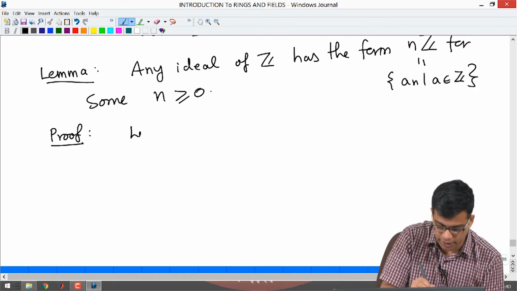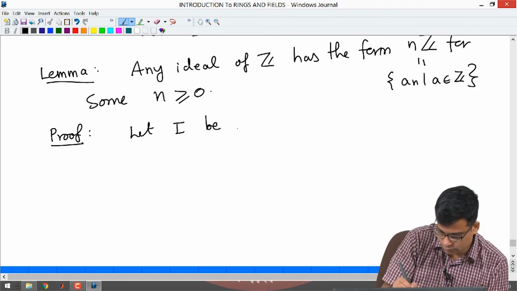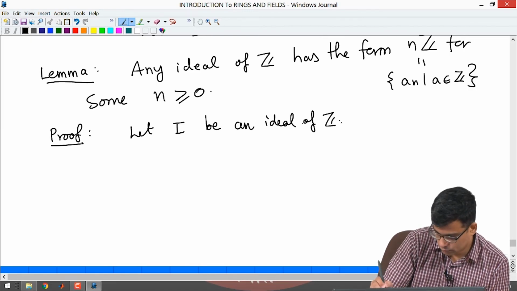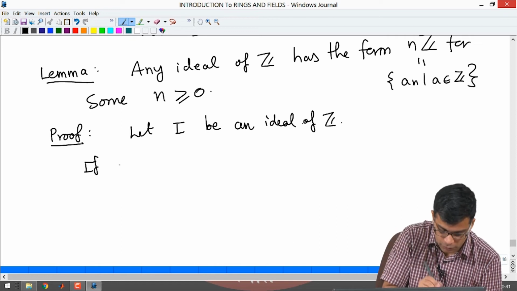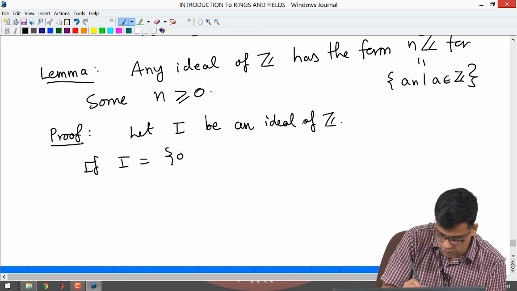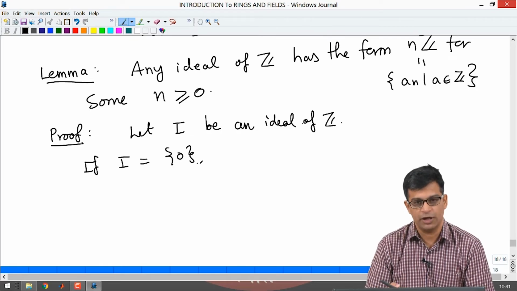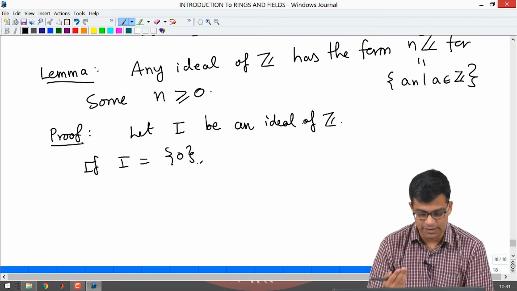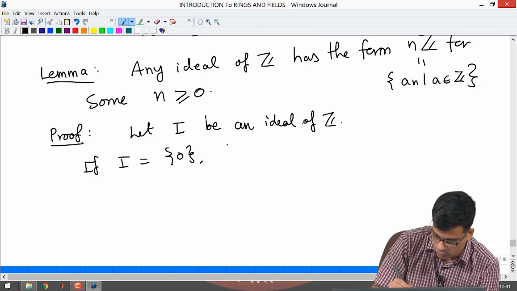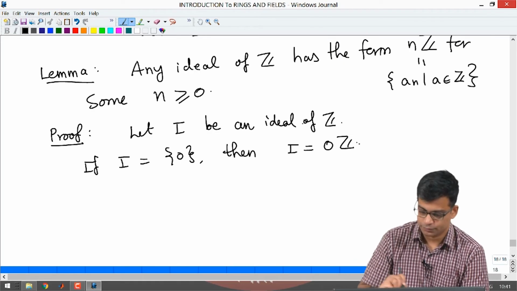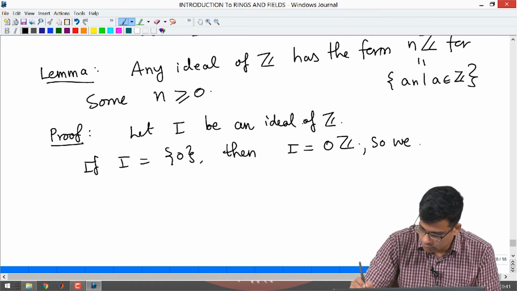So, let I be an ideal of Z. If I is equal to 0, remember I is an additive subgroup of Z. So, it must be non-empty. So, it must contain 0. If it is exactly 0, then I is 0Z, right. So, we are done.